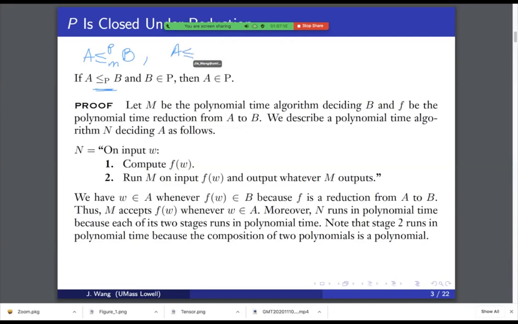Remember, we can also talk about oracle Turing machines, and we can add a time bound to an oracle Turing machine, and then we have the same thing.